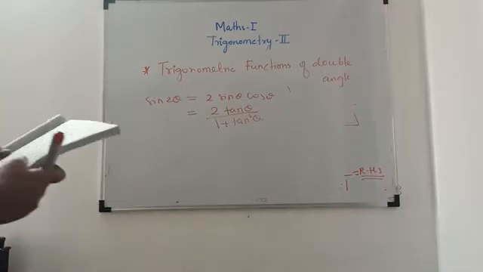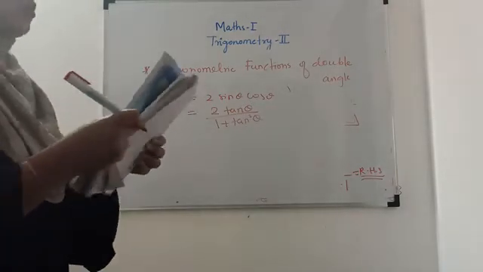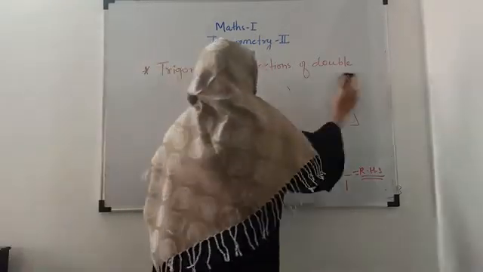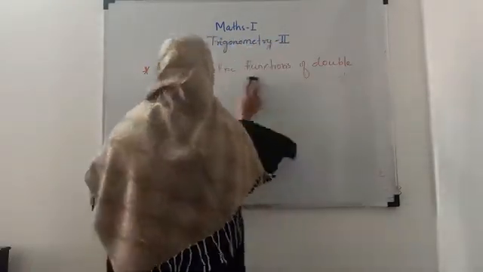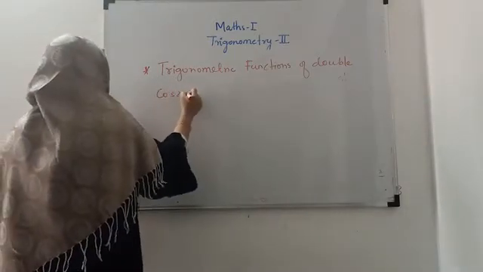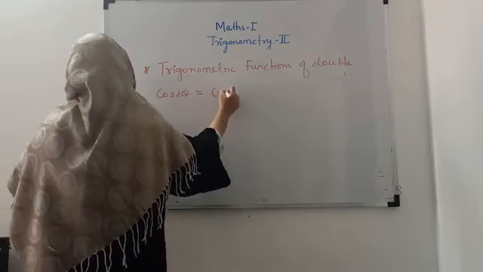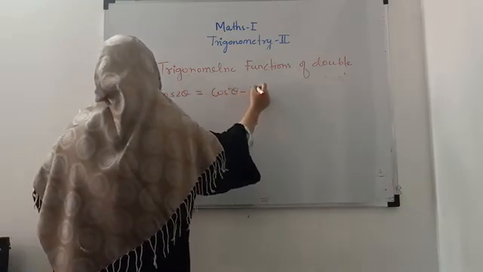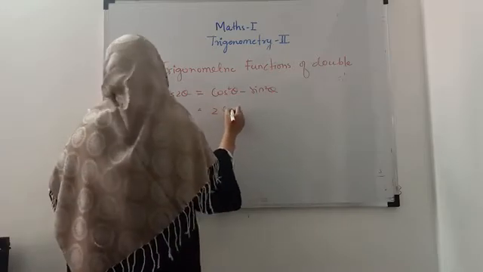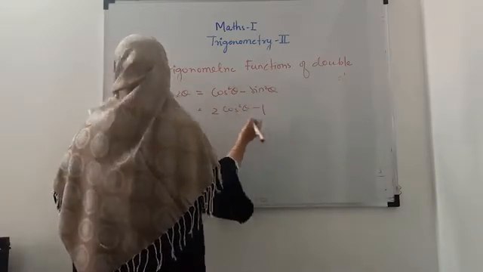So we'll see the formula for cos 2 theta. Sine is done. Now the formulas for the cos 2 theta are: first is cos square theta minus sin square theta. The second formula is 2 cos square theta minus 1.